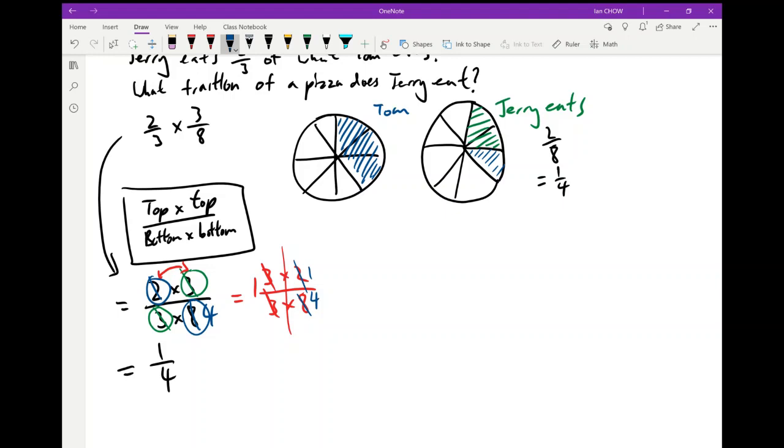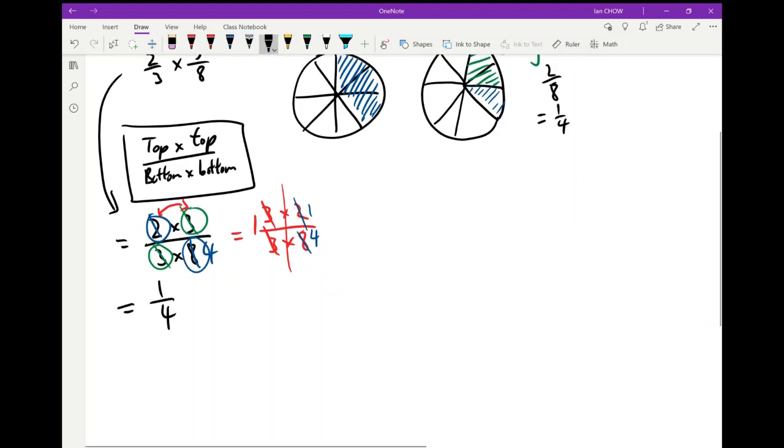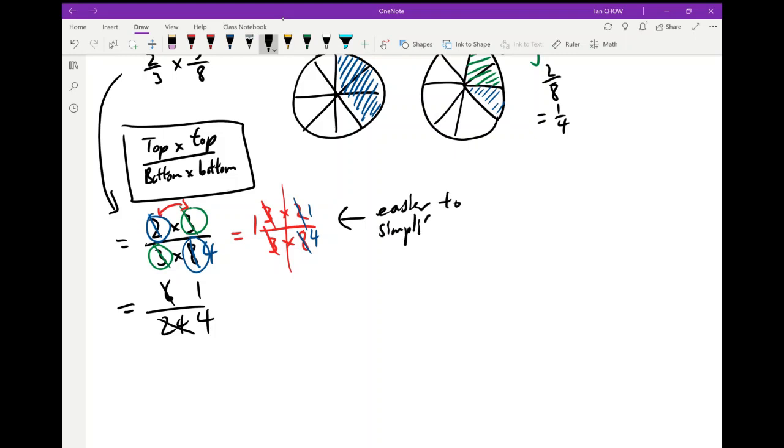You can multiply it all out. 2 times 3 is 6, 3 times 8 is 24, and then you can simplify that afterwards. 6 over 24 is the same as 1 over 4. But whether you simplify first or afterwards, it's usually easier to simplify first.